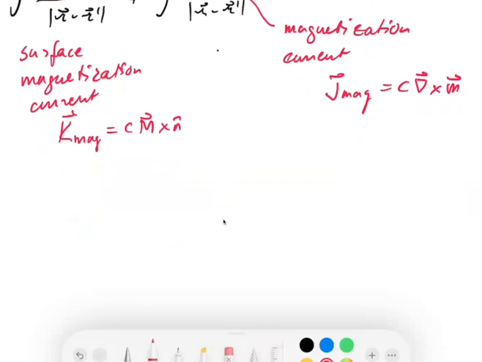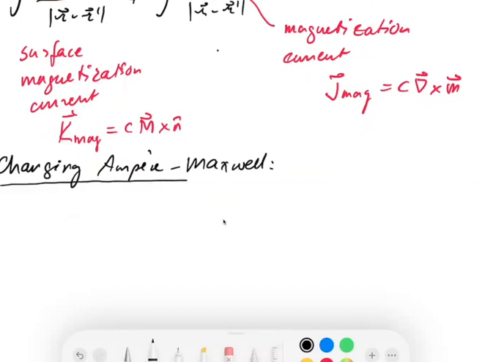So now we have Ampere-Maxwell. So changing Ampere-Maxwell, we have a curl of B minus 1 over c del t E is 4 pi over c J free.